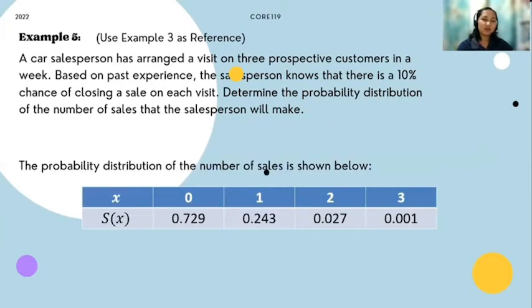Okay, so with that, the probability distribution will be given by this. We have X as 0, 1, 2, and 3. This refers to the number of sales. And then P of X refers to the probability for the number of sales. So for 0, that's 0.729. So where does the 0.243 come from?